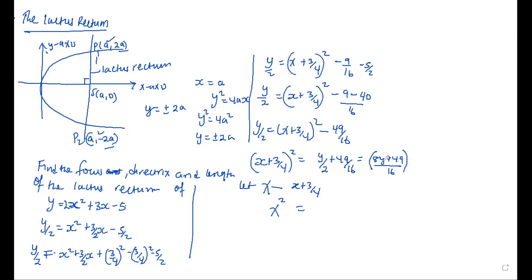But if I want to create a 4 here, then I will have 1 out of 16 into (8y plus 49).